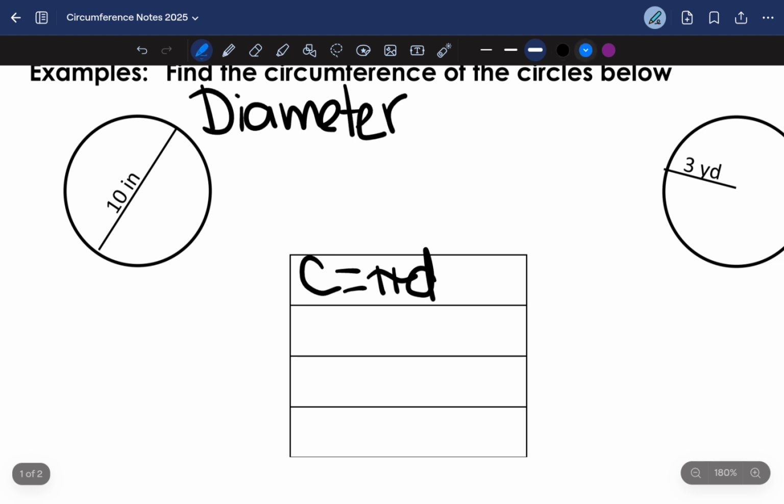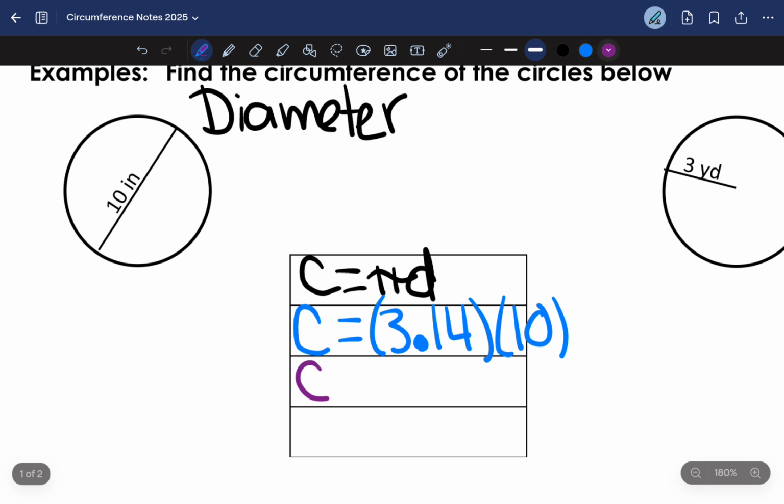Now I substitute what I know. I'm solving for circumference. Pi is approximately 3.14 and the diameter is 10, so I just multiply. 3.14 times 10 gives a circumference of 31.4 inches.